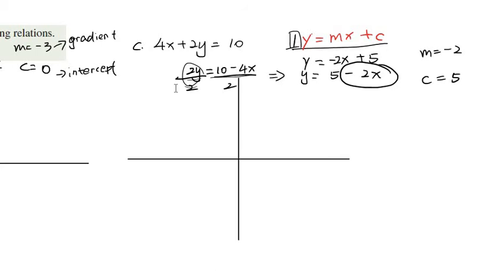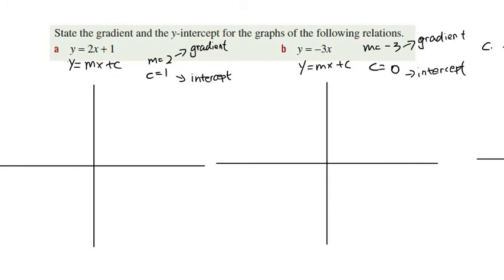Now, my next part is to draw that linear equation. This is a linear equation, so the line is going to be a straight line, and we only need 2 points to locate a straight line. If I plot 2 points randomly and try it with your ruler, there's only one line that you can fit through both of them. That's the concept we're going to use to draw our line.